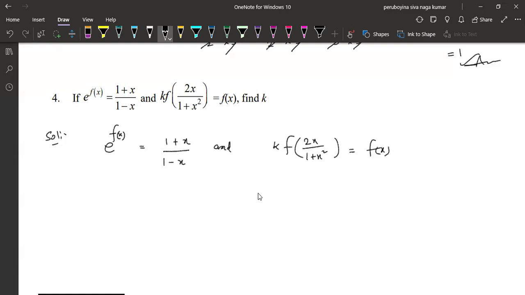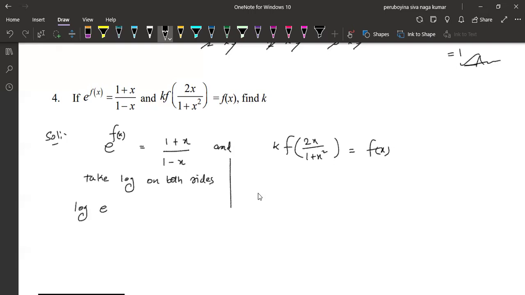This was given. So what should we do here? We will take log on both sides.